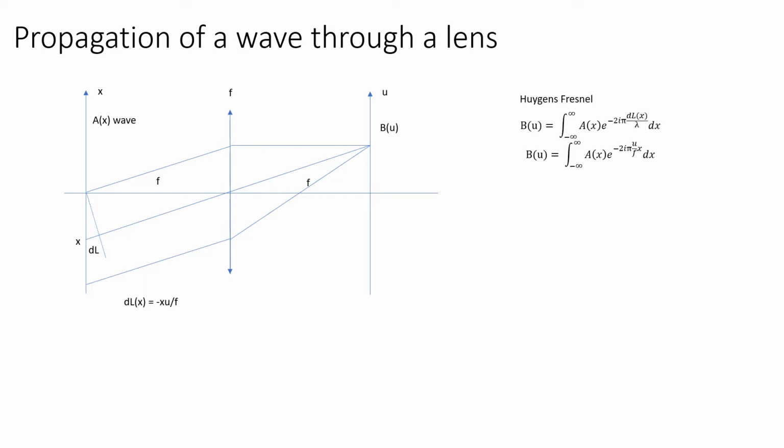The resulting equation for the complex field B along the u-axis is nothing else than the Fourier transform of the complex field A if it is sampled at k equals u over f. In short, we say that the FF system operates an optical Fourier transform of the complex field.